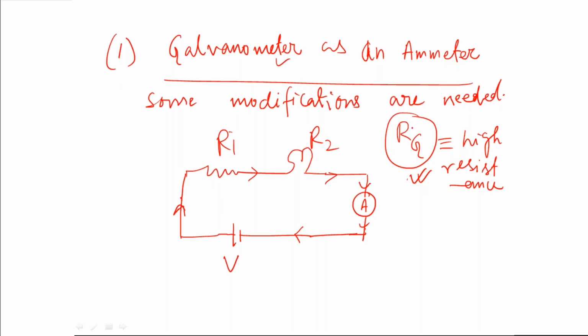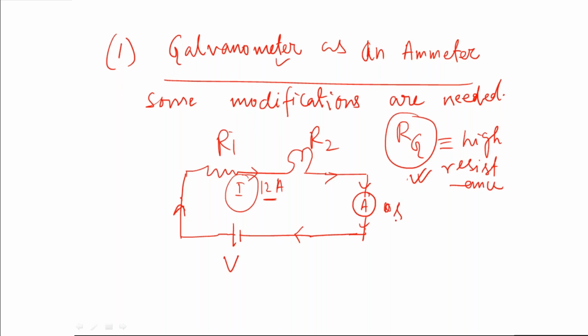It will resist the current itself. Suppose earlier it was 12 ampere. Now, after using the galvanometer as an ammeter in series, it would resist the current. Maybe you will get some microampere or milliampere, maybe 5 milliampere. Now the whole current in the circuit will be affected in this case.